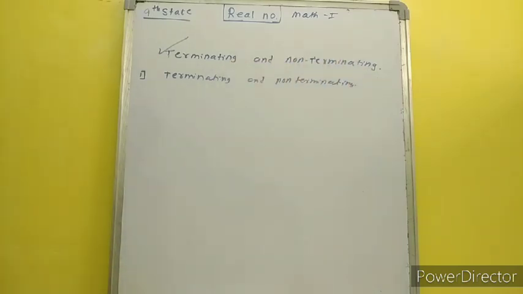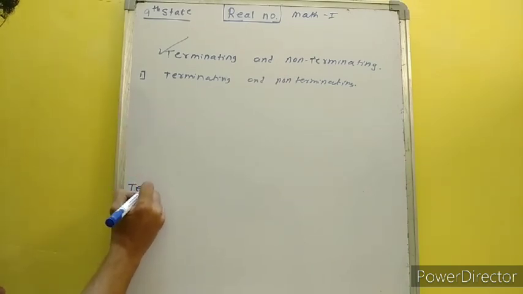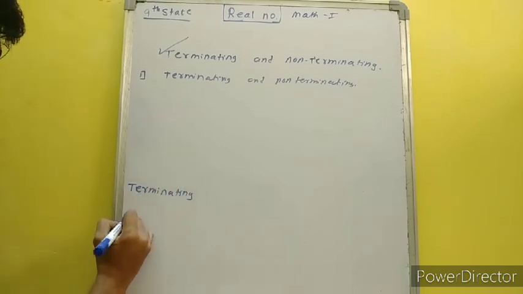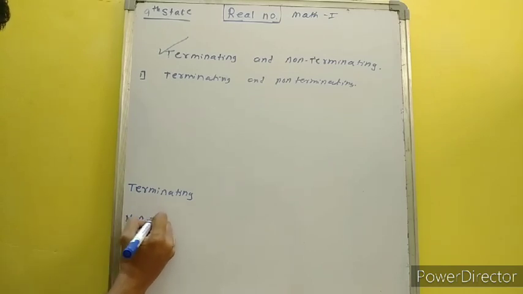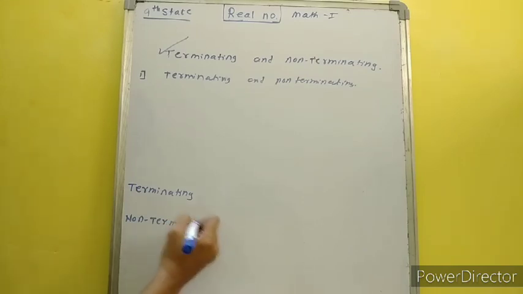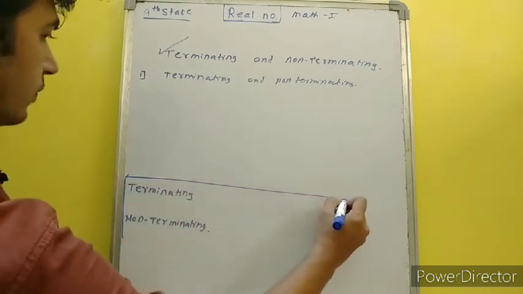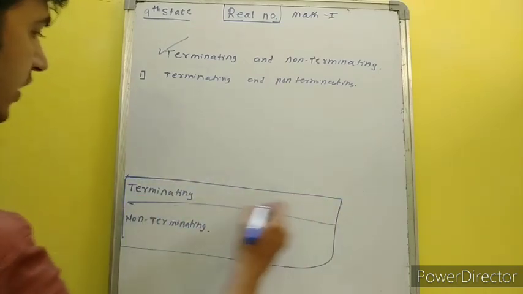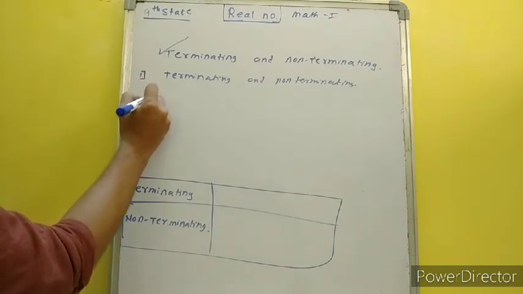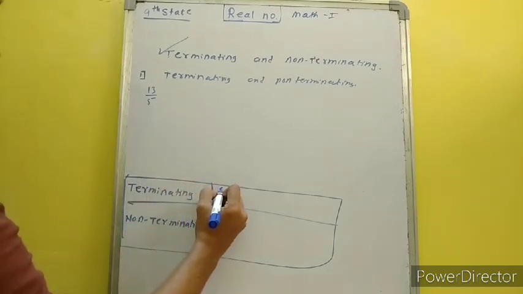First of all, I'll draw a table with terminating over here and non-terminating over here. The first question is 13 upon 5. We have the denominator 5, so it is terminating.